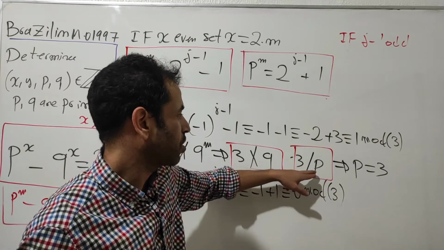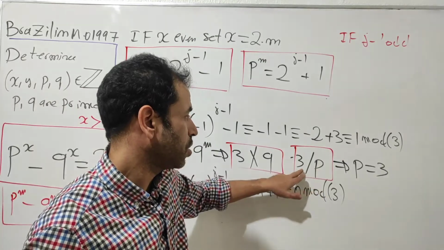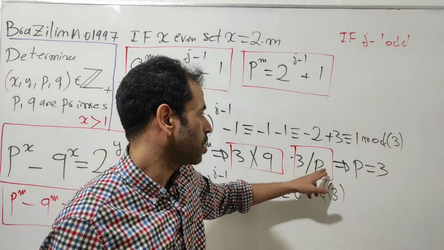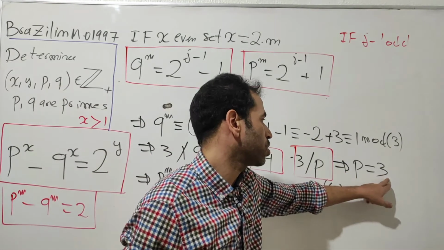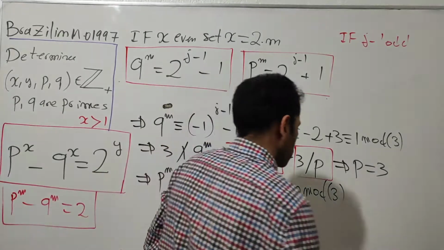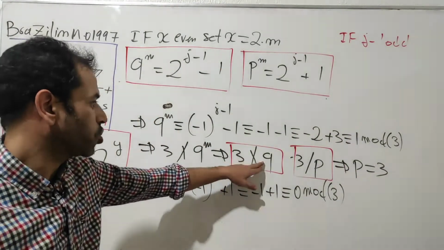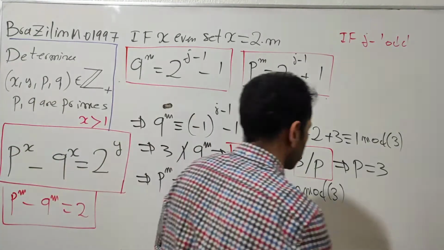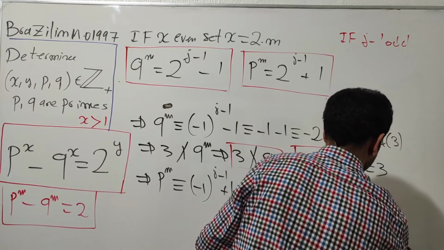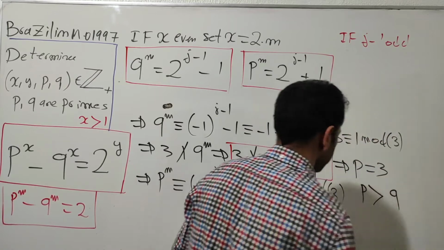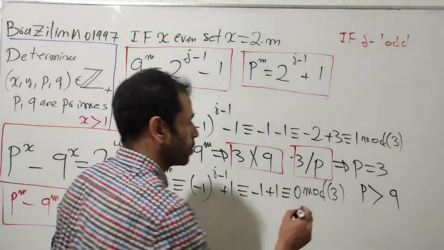Since we have this fraction involving primes and 3, we have no choice except that p must be equal to 3. Okay, so p equals 3 and 3 does not divide q, but keep in mind here we have p is strictly superior to q. Okay, we get p equals 3 here.